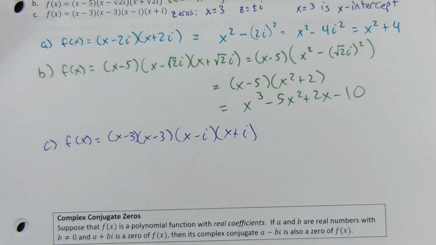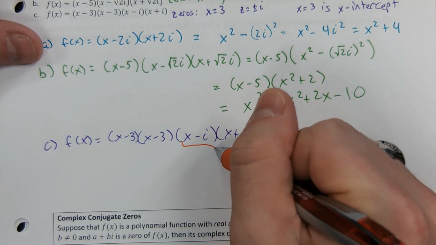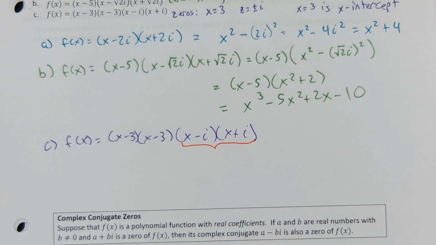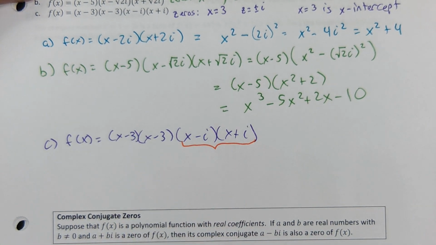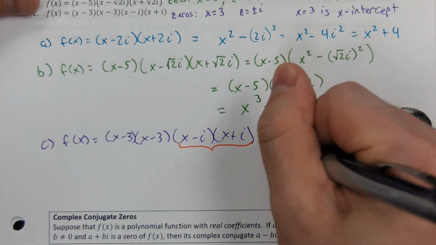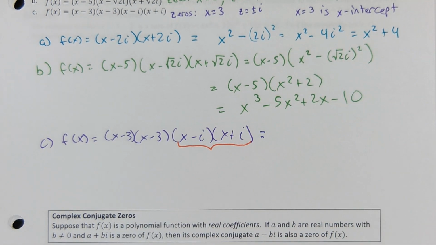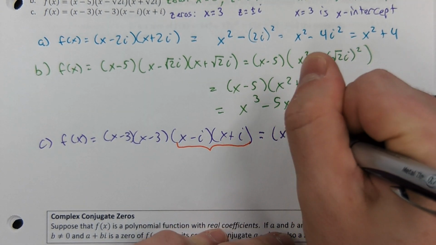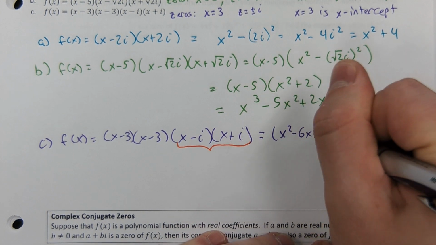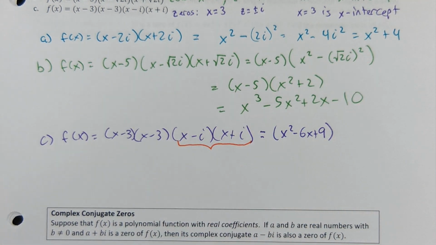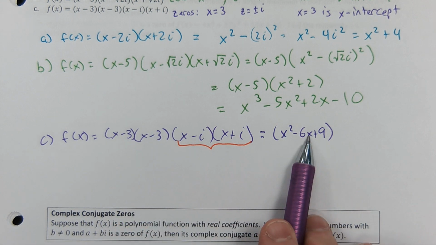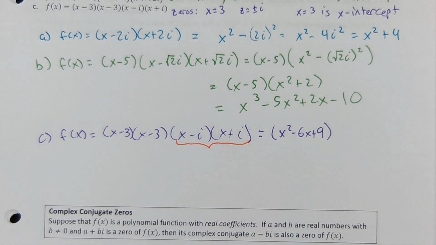Okay, this is me multiplying two conjugates. This is not. So once again, because it is AP, I'm going to hope and pray that you guys can do x minus 3 times x minus 3, and you could easily get to x squared minus 6x plus 9, because negative 3 plus negative 3 is negative 6, and negative 3 times negative 3 is positive 9.